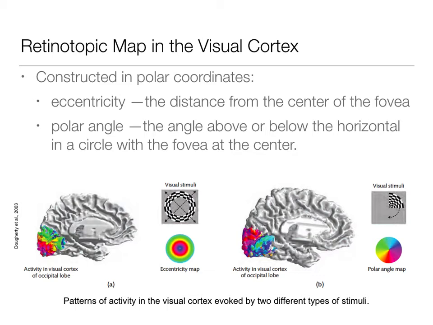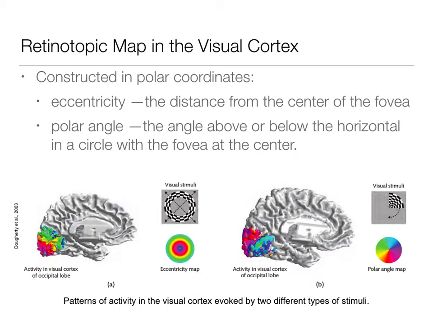And what they found, again, is that the receptive fields are next to each other. So if it's to the left of the fovea, in your left visual field, the activation is going to be to the left in the brain. So again, the maps match up, right?